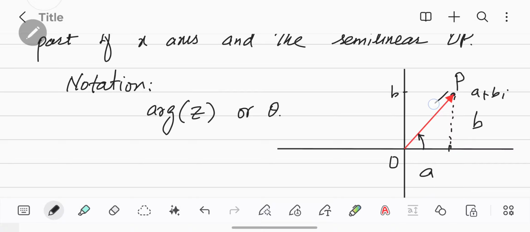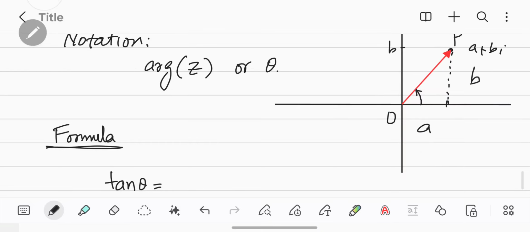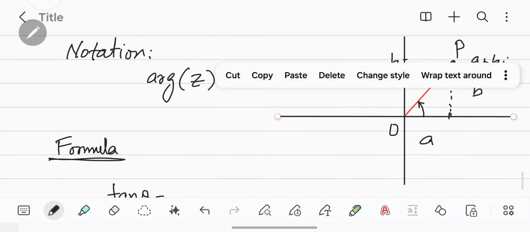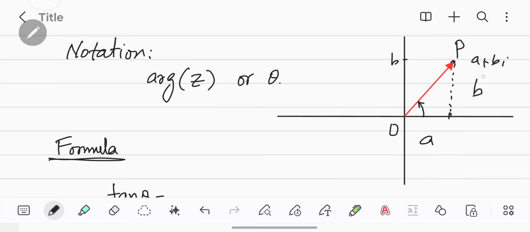I'll give you the formula for this angle. The formula to find the angle is very easy. We know the trigonometric ratio tangent theta. If I apply tangent theta on this triangle, we know the tangent theta is equal to the height over the base.